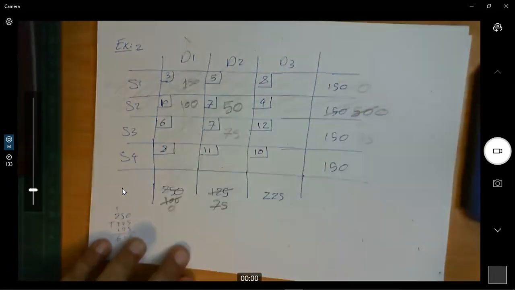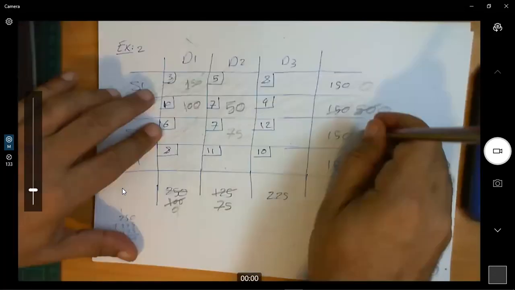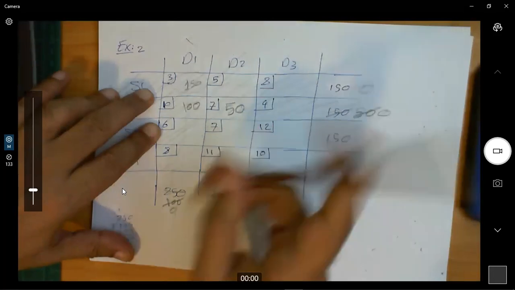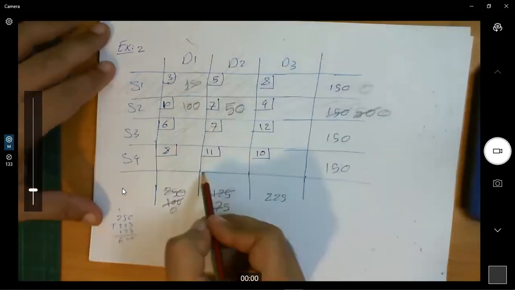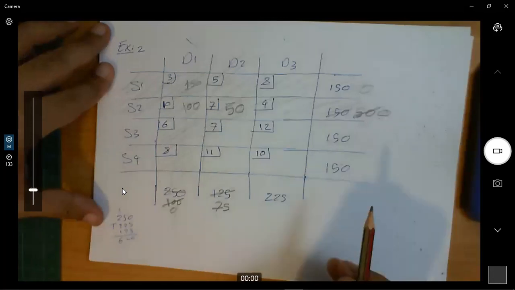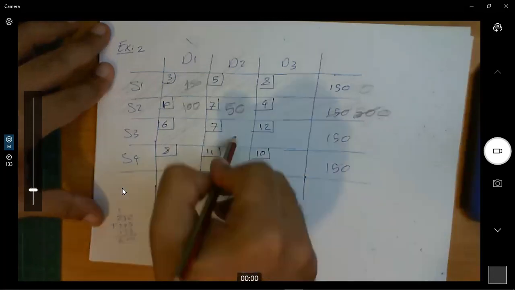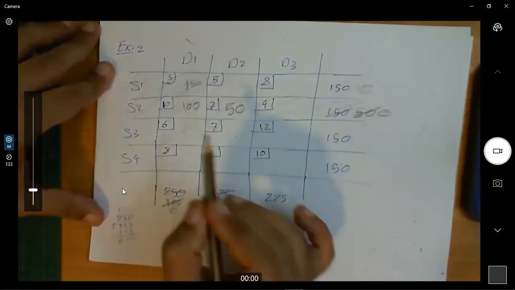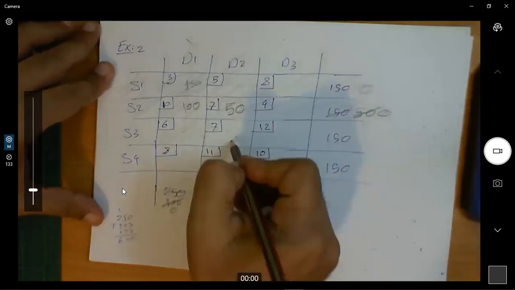Then we go. Now we have only this part left. Okay, where's the northwest? There's the northwest corner. 7, yes. How much do we need to allocate? The demand here is 75.